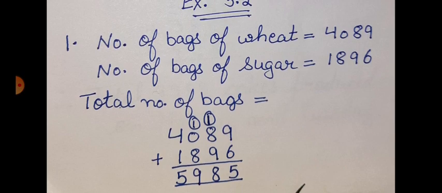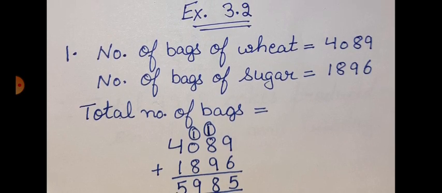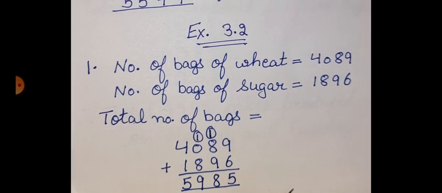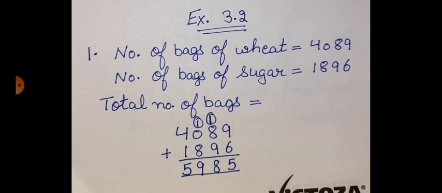Simply, number of bags of wheat, number of bags of sugar. As the number of bags of wheat is 4089, and the number of bags of sugar is 1896.